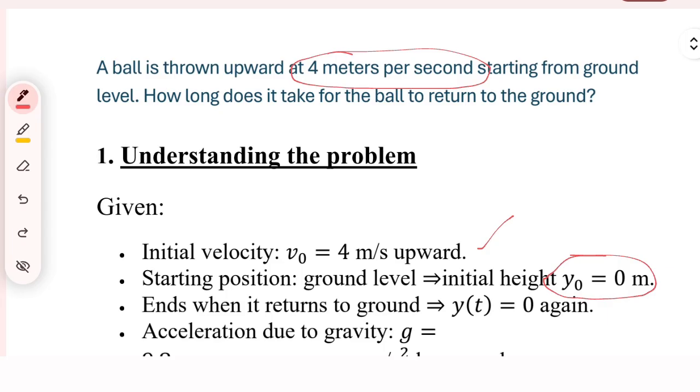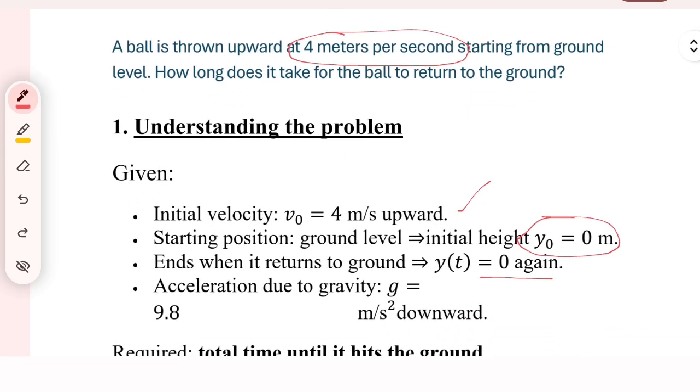That means the last height when the ball reaches the ground would be 0 again, right? It reaches the ground at a height of, of course, 0, because it goes back to the ground level.